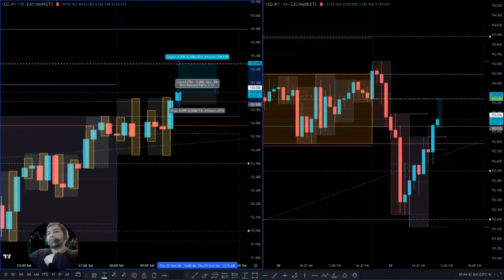This is a risky position today because our entry was around here. If we would have taken our position around here, it would have been like 1 TP, but we kind of missed it.